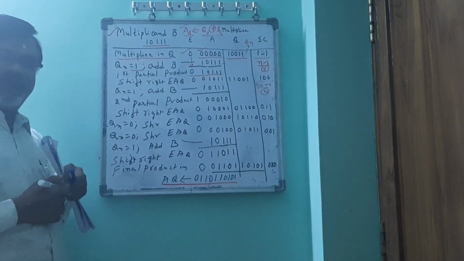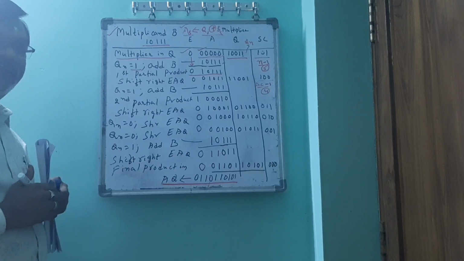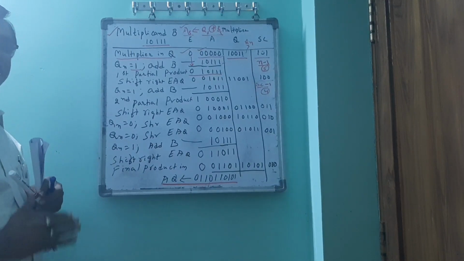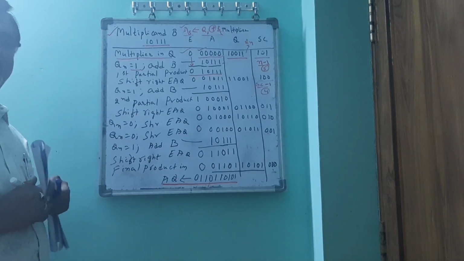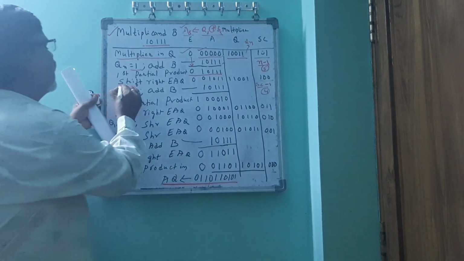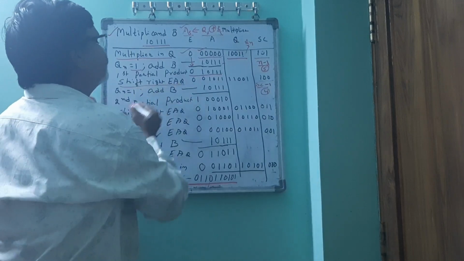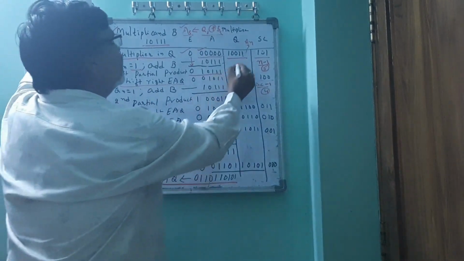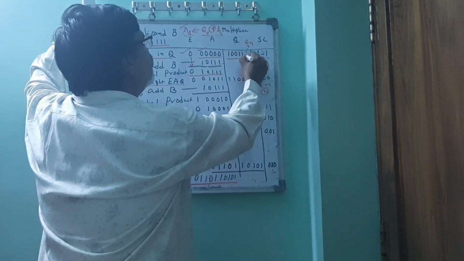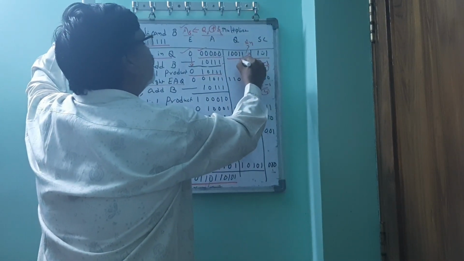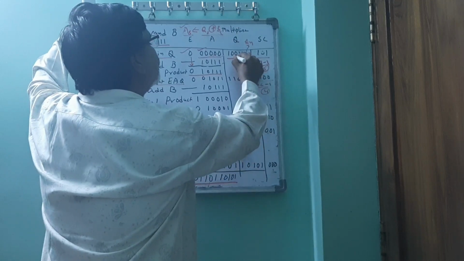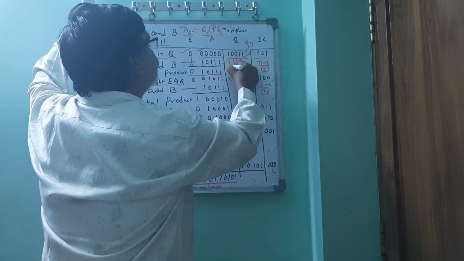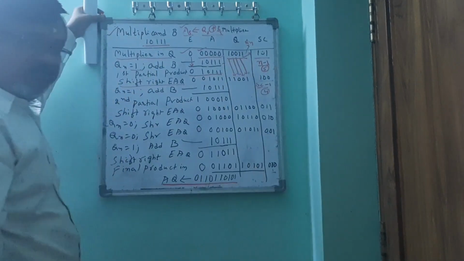Then after that addition, we have to decrement the SC value as well as shift right the EAQ. Just see here what we did, shift right the EAQ. Shifting right the EAQ means whatever this Q bit is gone there and this 1 is written here, this 0 is shifted, this 0 is shifted, this 1 is shifted.